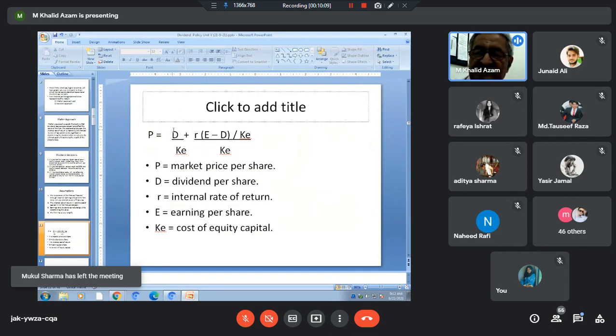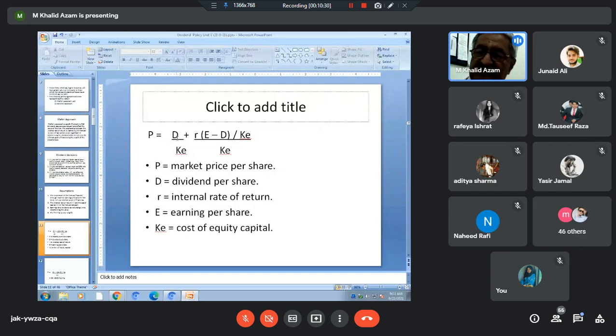So this is the dividend which we are going to receive at the end of the period. What will be its present value? We are going to discount by a particular rate. What is that rate? It is the cost of equity. So this is the discounting part which we are finding here, and this discounting we are going to make with the help of the cost of equity.